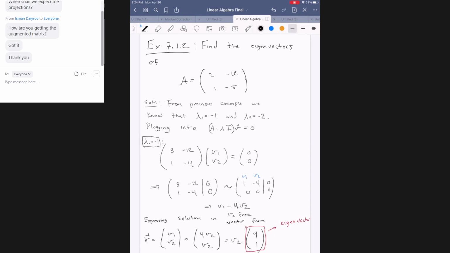You should probably be able to do that. It's the same thing. Instead of a 2x2, you're going to get a 3x3 with lambdas on the diagonal, and you have to take the determinant of that using the cofactor expansion or whatever way you want to do it. If I give you a 4x4, then I'm just being mean to you guys, so I'm not going to do that. 3x3 is probably the biggest you'll expect.